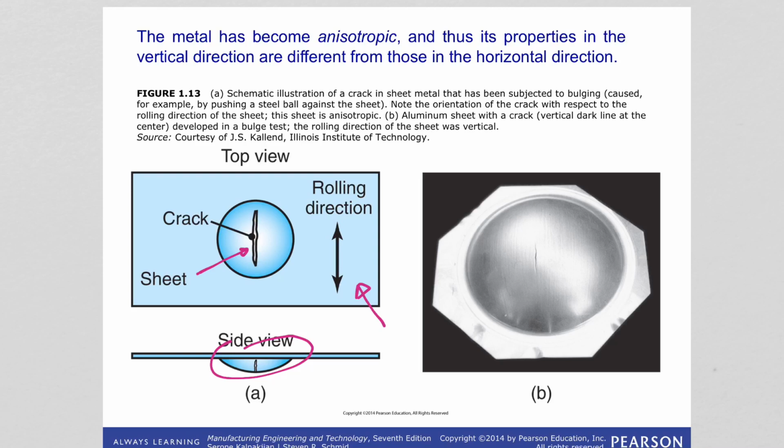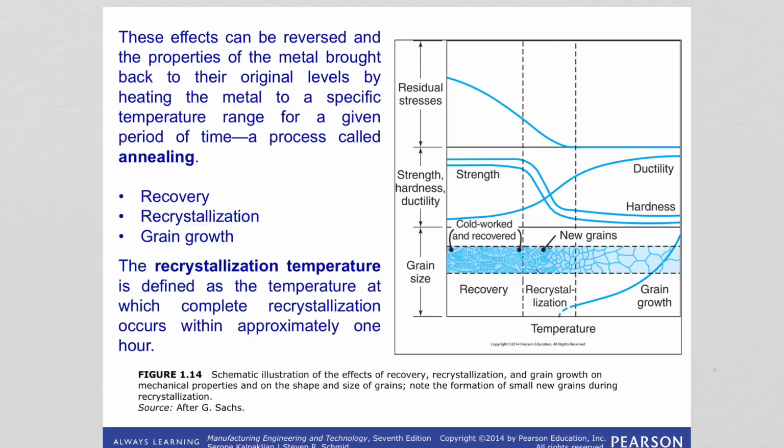And we also increase the strength, and of course increasing the strength means a decrease in ductility, right? And of course there is a way to reverse this. That process is called annealing.